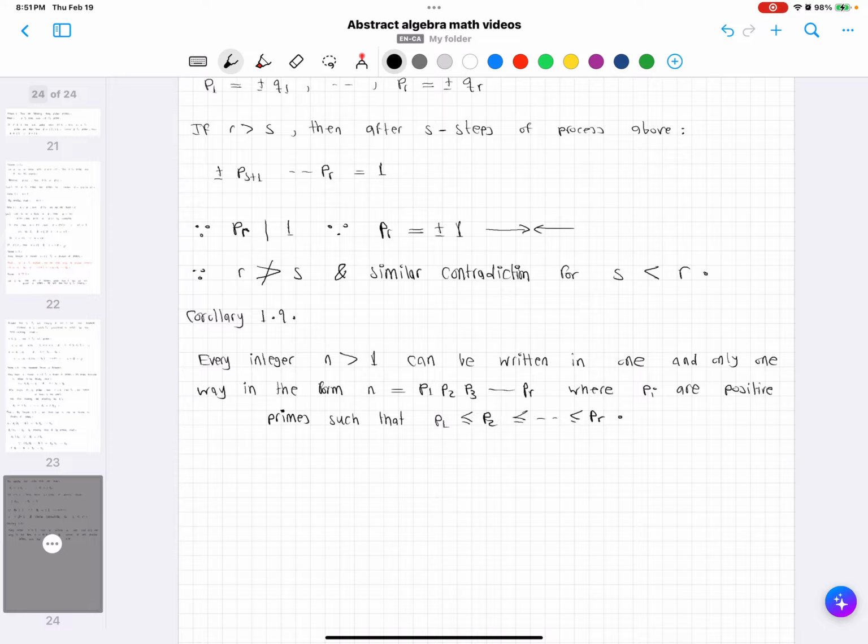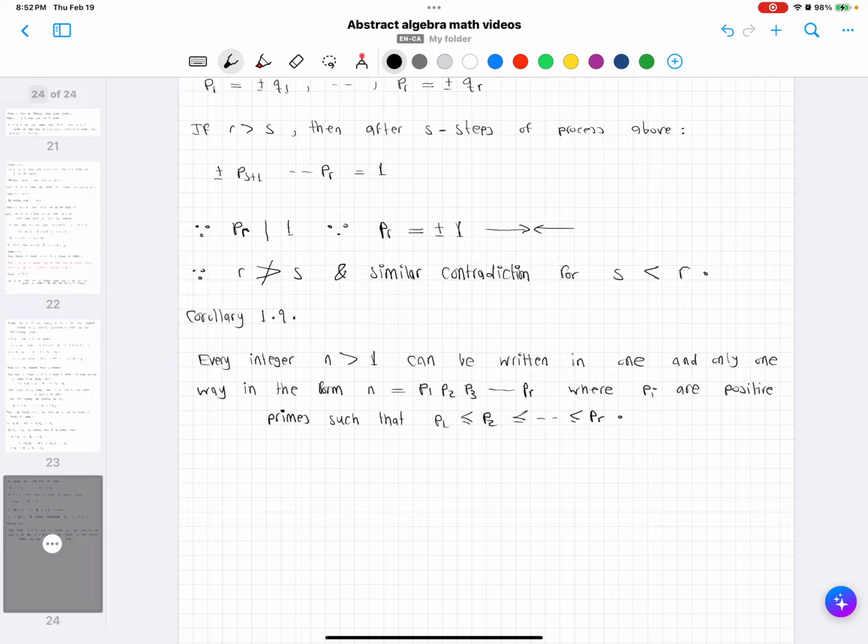So we know that if n is bigger than 1, there are no negatives, and we can just put all the prime factors of n, which is guaranteed for n to be written as products of primes by what we worked out before. And so we can put those things as a set, and we can pick by the well-ordering axiom the minimum of this set.